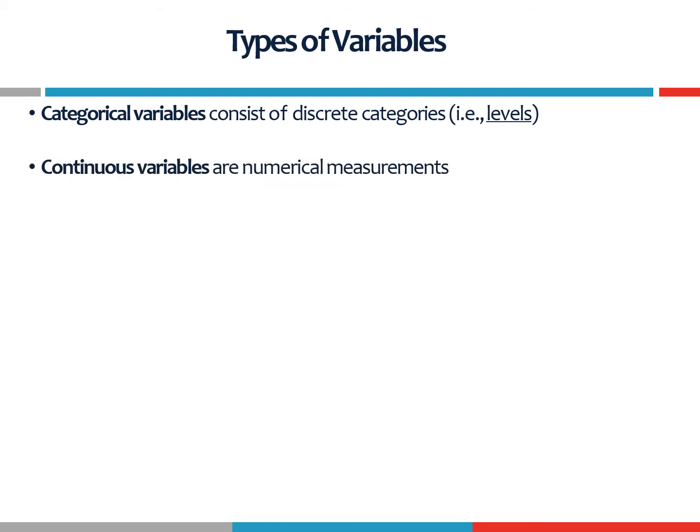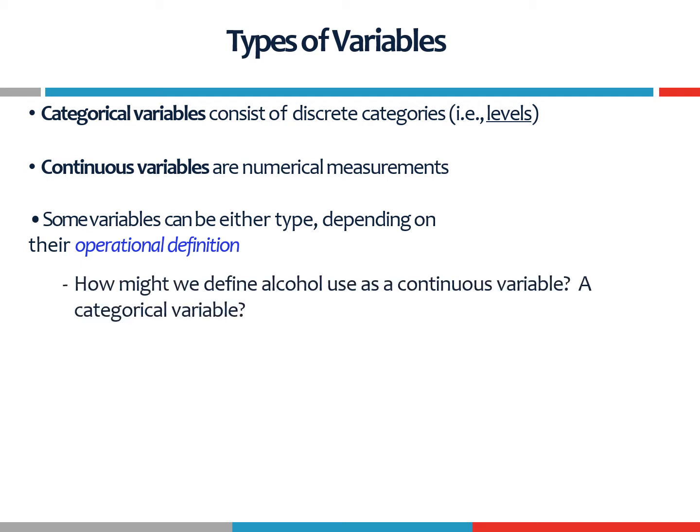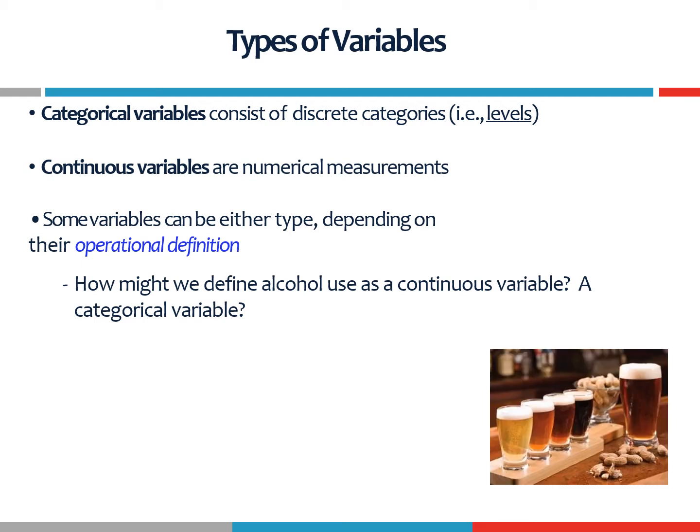In contrast, continuous variables are numerical measurements. But a lot of different variables can be either categorical or continuous depending upon their operational definition. So for example, how might we define alcohol use as a continuous variable or as a categorical variable?